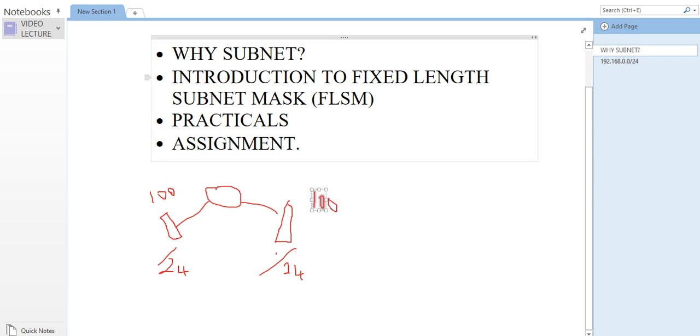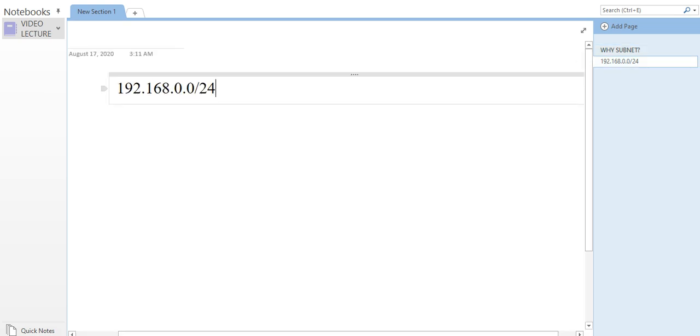But here we are wasting about 154 IP addresses. So in order for us to avoid that waste, that is why we want to subnet. So when we have one classful IP address, let's say for instance 192.168.0.0, we can subdivide this into two networks.